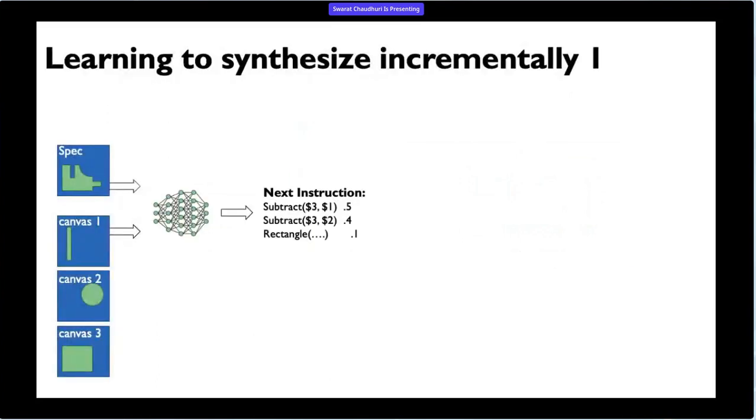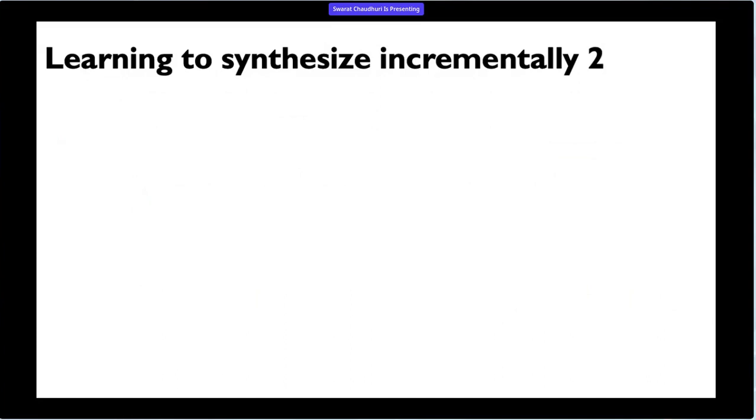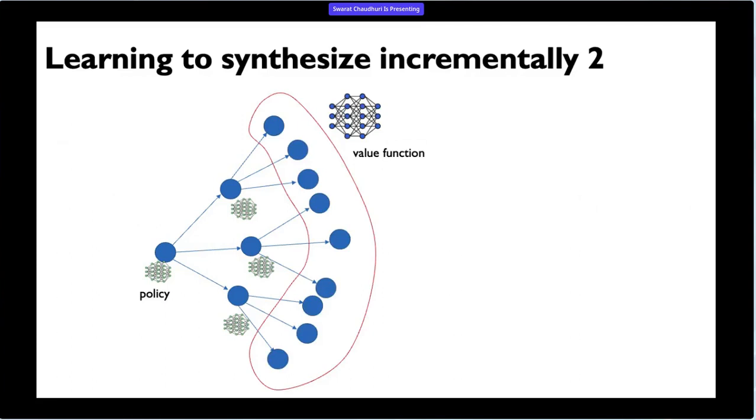Now, another aspect of this is that, again, the neural network is usually going to give you a distribution, probabilities over the different operations that you might take. And so rather than just taking the highest probability thing, what we want is to explore this search tree, guided, yes, by the probabilities given by the policy, but also guided by what is called in this field a value function, a function that is able to look at each one of these programs that you have generated so far that is in your wavefront and tell you, you know what, this program looks very promising.